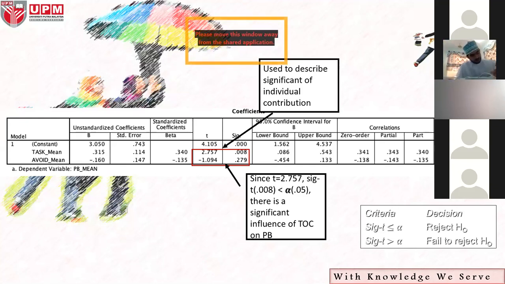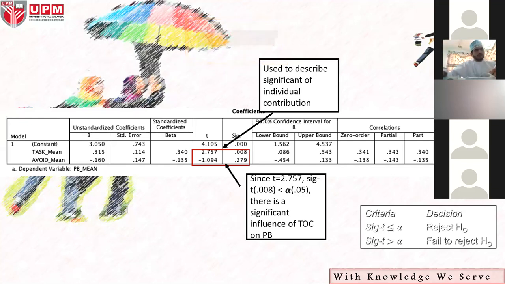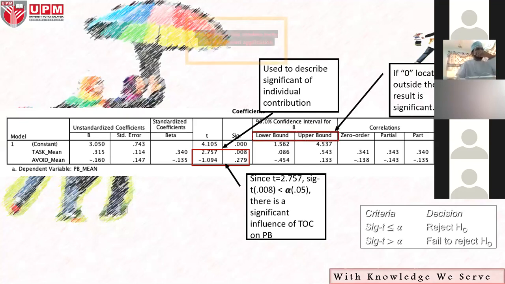But for avoidance oriented coping, the T value is negative 1.094, meaning the relationship is negative, and the significant value of 0.279 is higher than 0.05. So we can say that there is an insignificant influence of avoidance oriented coping on philanthropic behavior.